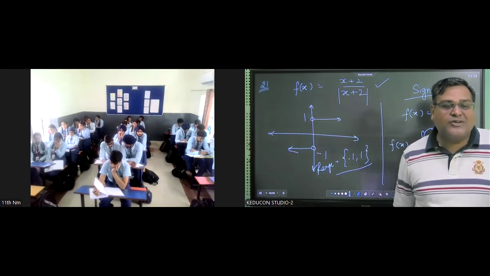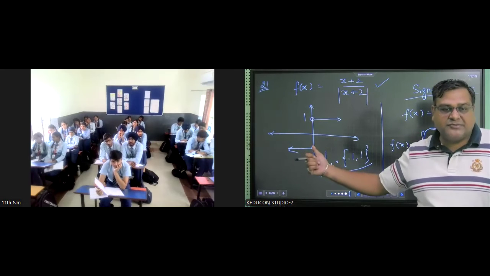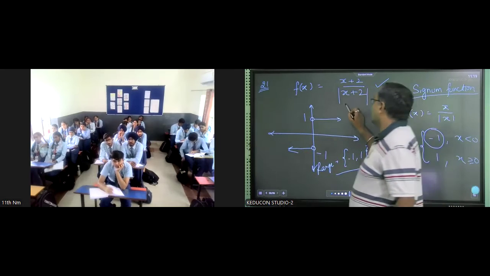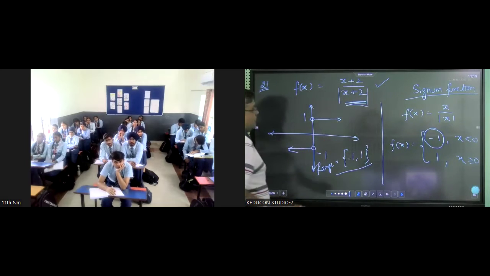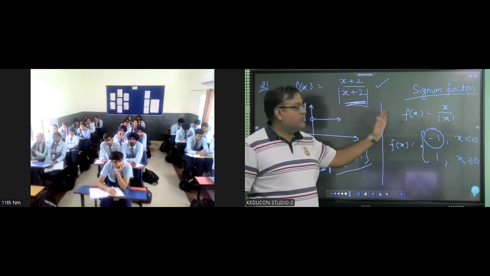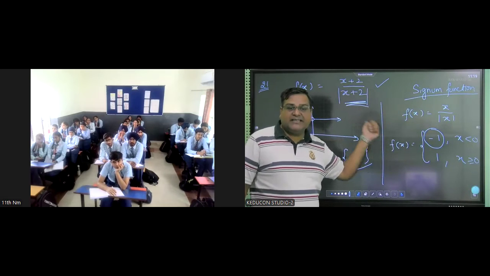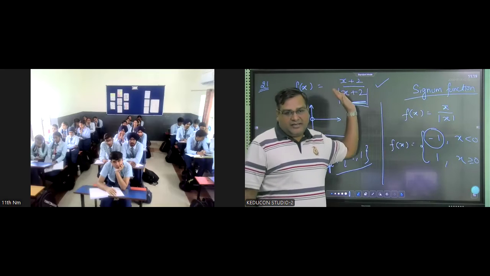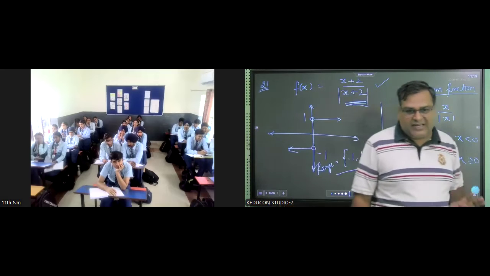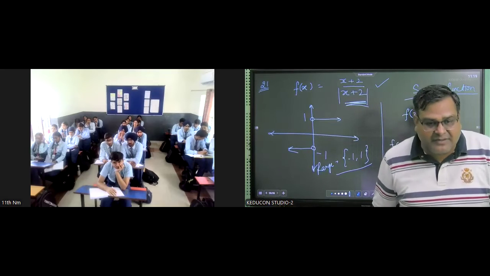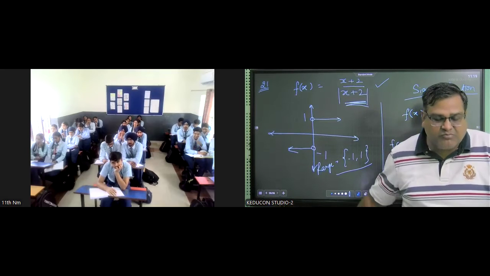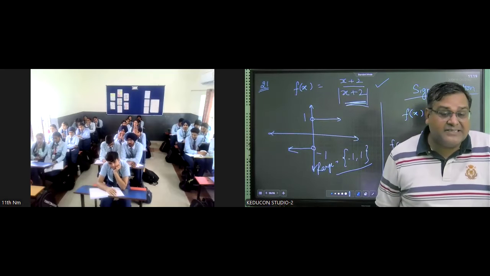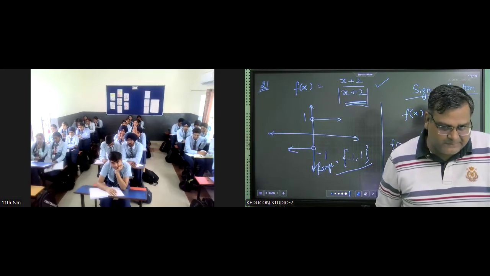Here there is no need to find the domain because this thing should not be 0, right? Denominator will be 0, numerator will also be 0. Hence, the end result will be 0. So the result will be -1 and 1. Its range will be -1 and 1. Is it okay?